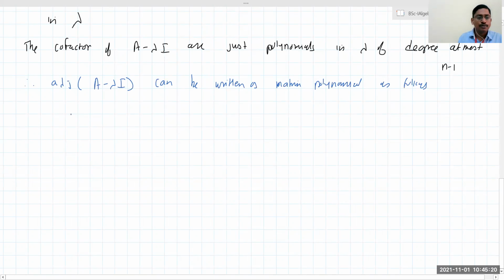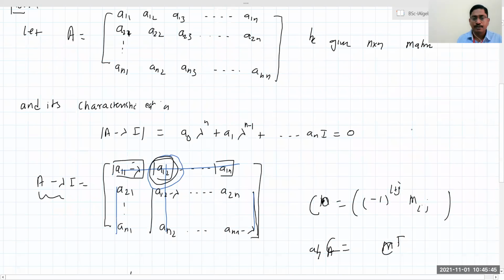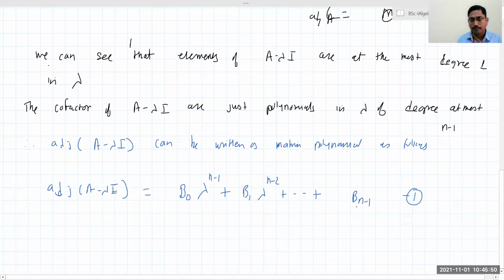The adjoint of A minus lambda I is the transpose of the cofactor matrix. We are assuming it has degree at most n minus 1, so it has coefficient matrices B naught, then B1 lambda raised to n minus 2, and so on, and the last one is B n minus 1. I can call this equation 1, and the characteristic equation equation 2, because I am going to apply this further.